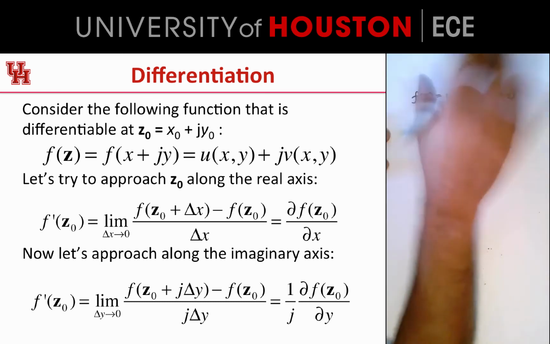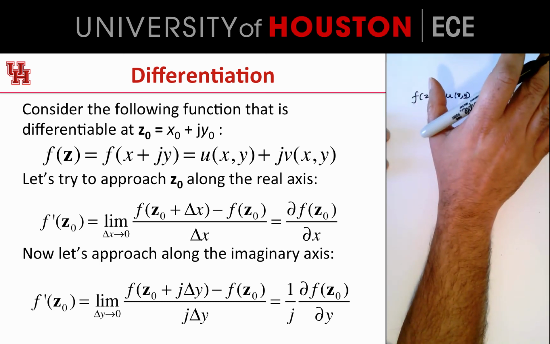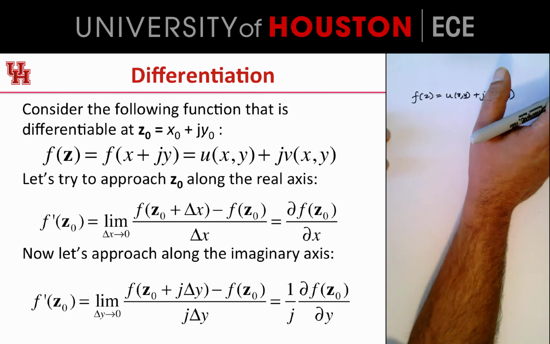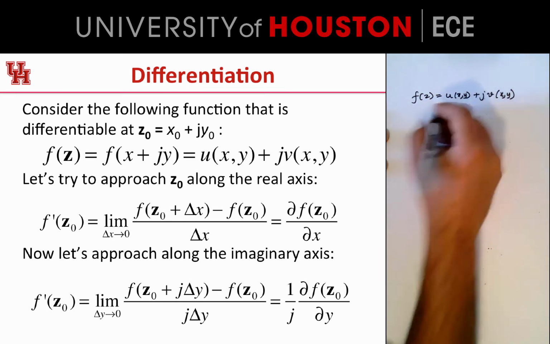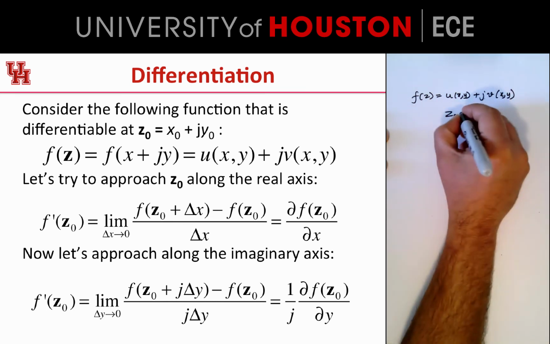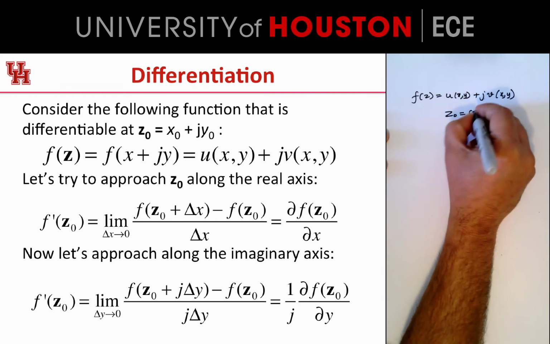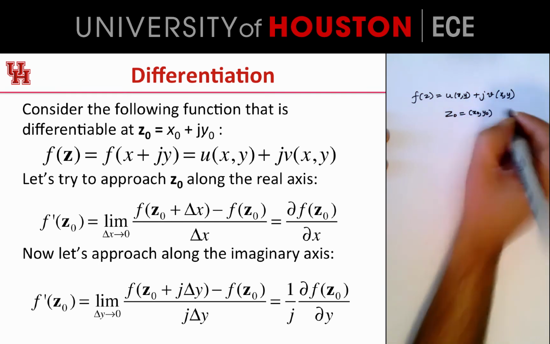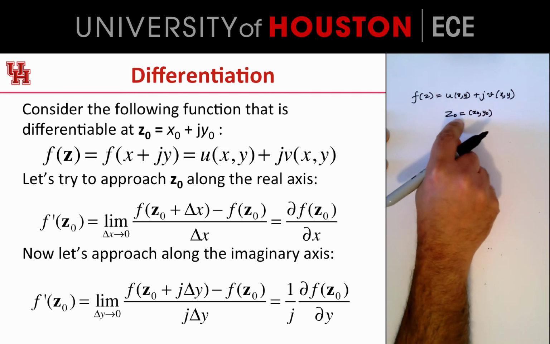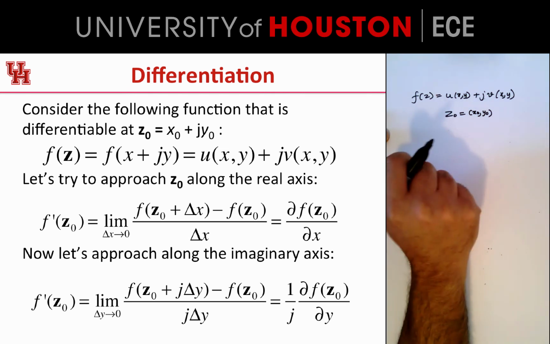We know that it's differentiable; we're given that. We're talking about the point z naught, which is x naught, y naught. If it is differentiable, then the following must be true.